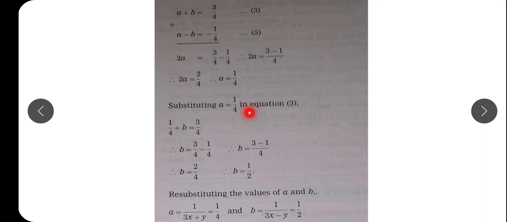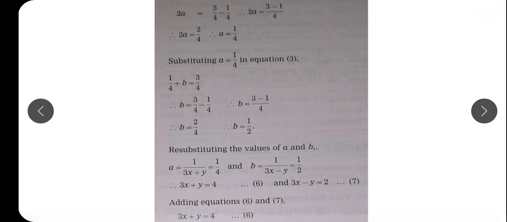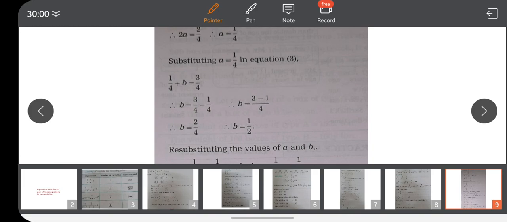Substituting this value of a in equation number 3, a plus b is equal to 3 by 4. That means 1 by 4 plus b is equal to 3 by 4. Transfer this 1 by 4 to the right side, it will become minus. Then 3 minus 1 upon 4 is 2 upon 4, and b is equal to 1 by 2.